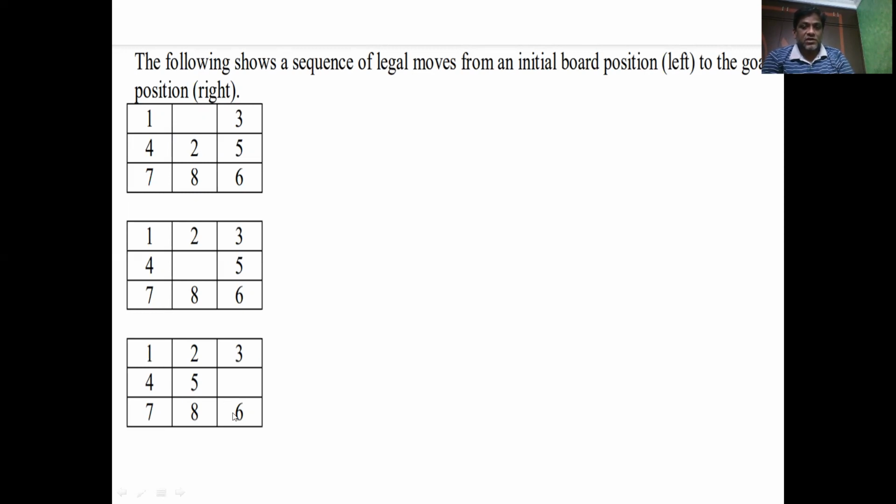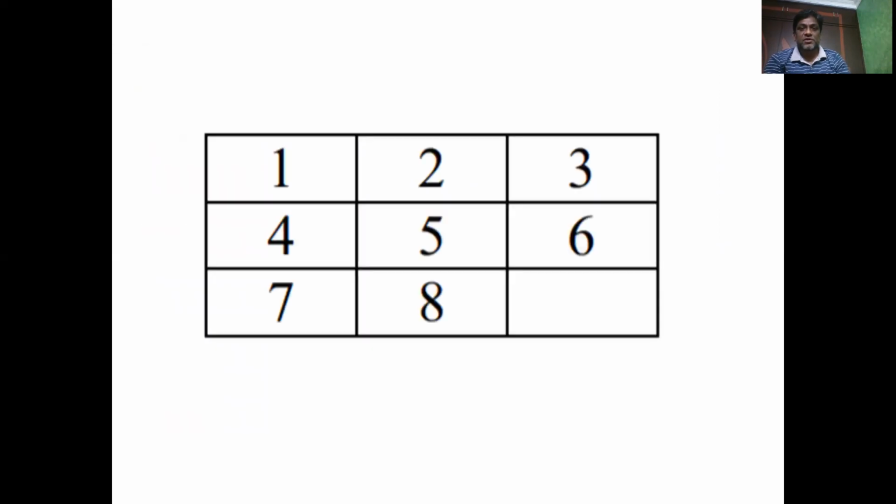And finally you can get the solution by moving 6 upwards towards this position. So the legal moves are up, down, left, right. So with the help of 4 moves, we can reach this final state, that means the goal state.